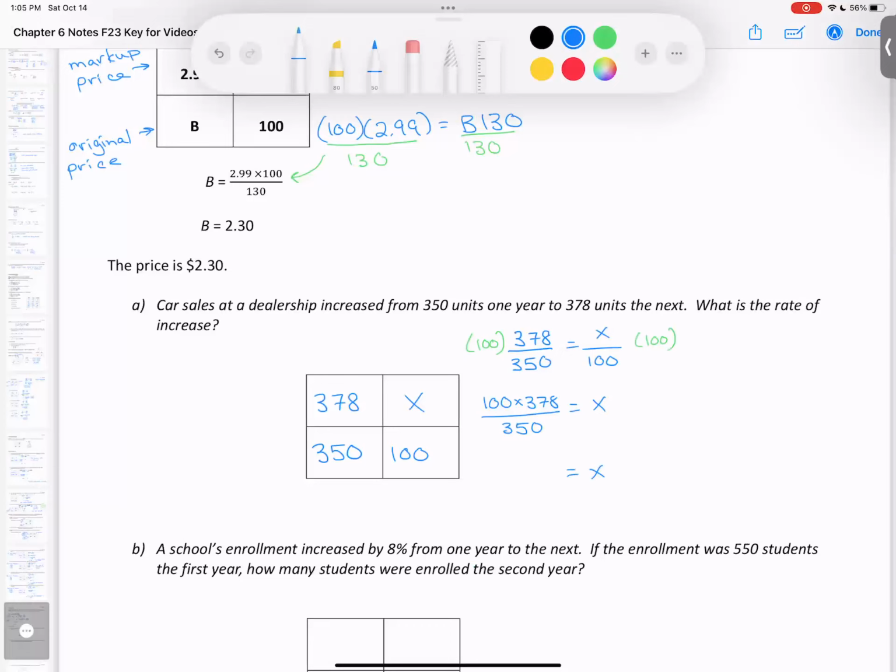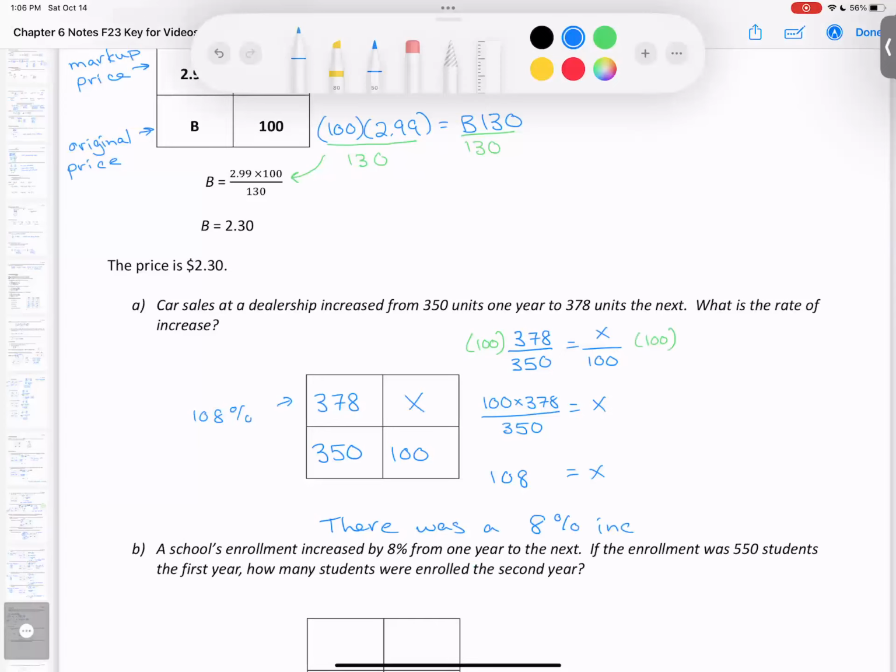So then let's use our calculator, and we get 108. So we have 108%, which is what this is saying. So 378 is 108% of 350, so our increase then is 8%. So there was an 8% increase.